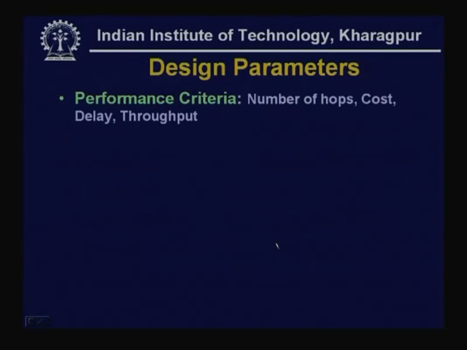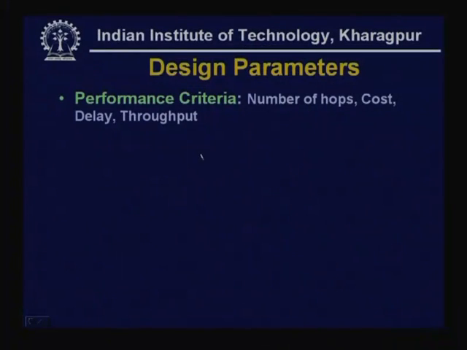Okay. Now, let us focus on the design parameters. Whenever you try to design a routing algorithm, you have to take several parameters into account. First is the performance criteria.